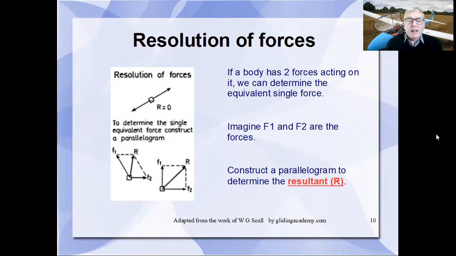And if we draw a parallelogram around that, we can put F1 in, the length of the arrow representing the strength of the force, and the direction of the arrow representing the direction of the force, and equally for F2. And if we create a parallelogram, then the diagonal on that, which we've marked R, will show the resultant direction that that object will move. So we can therefore use this idea of a parallelogram of forces in order to find the resultant force.